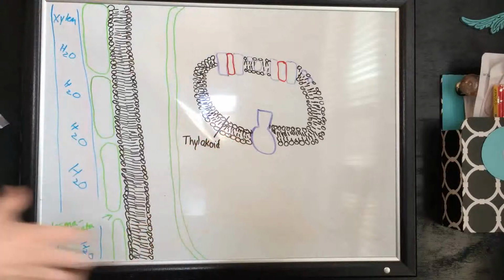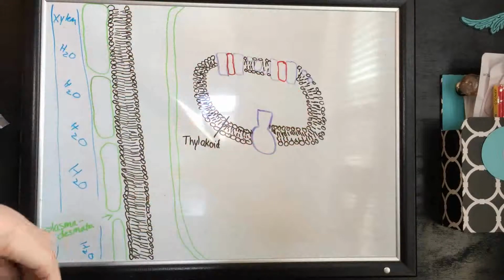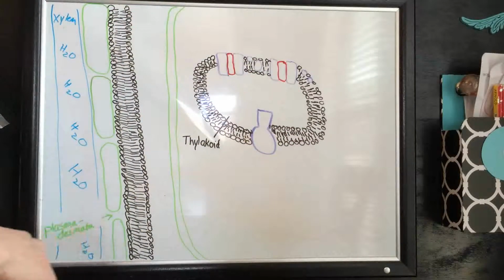Okay, so here is a thylakoid. There would be a bunch of these flattened sacs stacked on top of each other inside of the chloroplast.